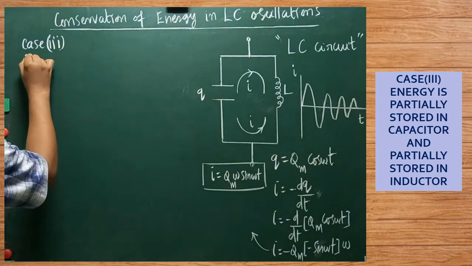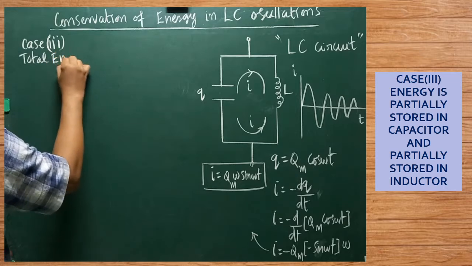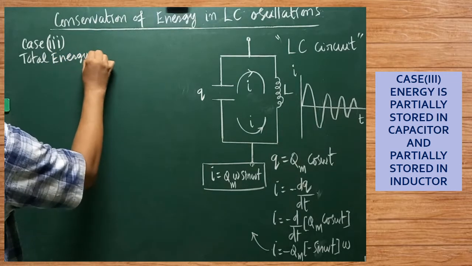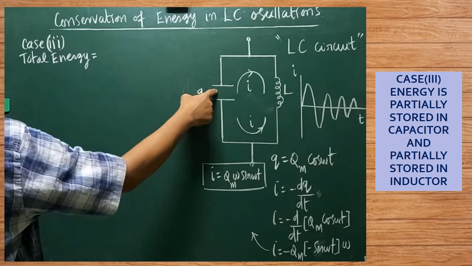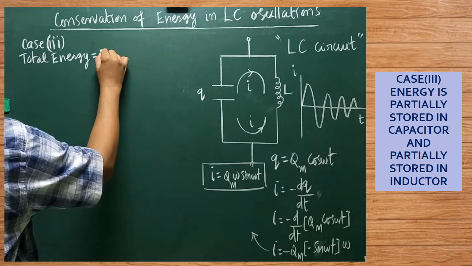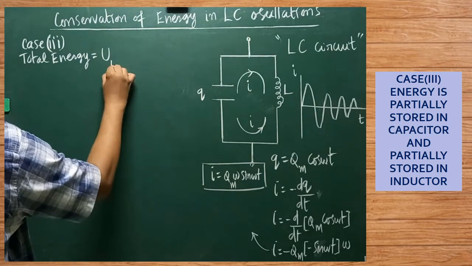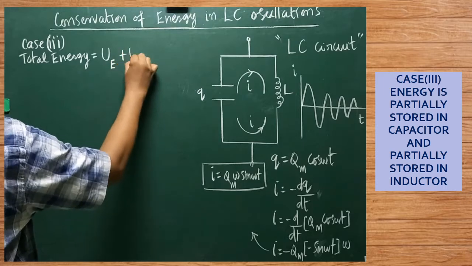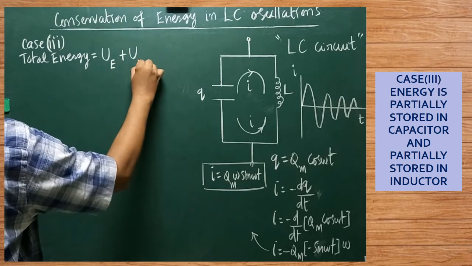How to calculate the total energy? That can be calculated from partially stored electrical energy and partially stored magnetic energy. Are you clear? The partially stored electric energy can be written as UE and the partially stored magnetic energy can be written as UB.